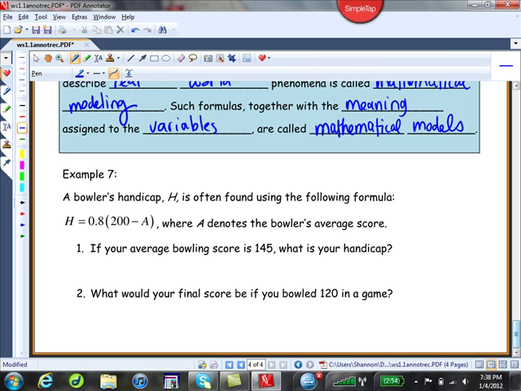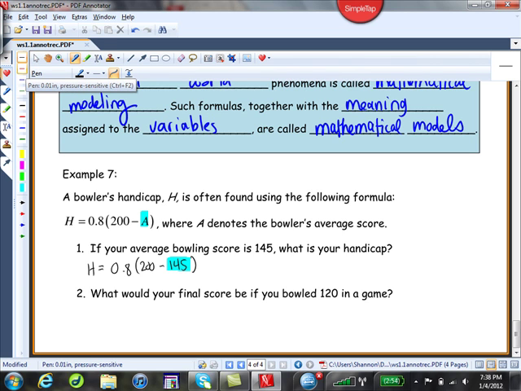All right, so here, H, remember, is equal to 0.8 times 200 minus A. Well, A was the average score, and what was the average score? It was 145. So remember here, A was the average score. Our average score was 145.